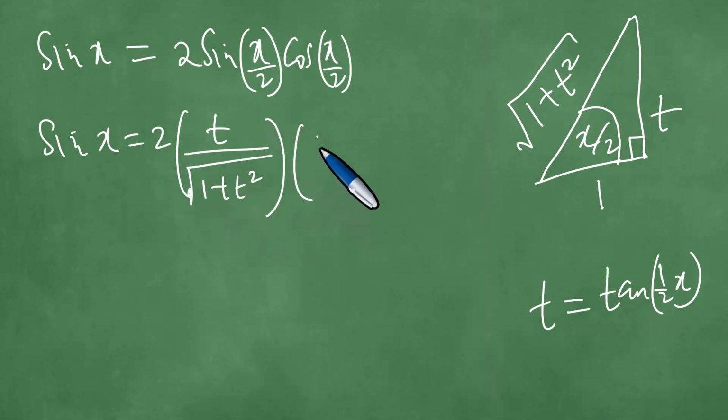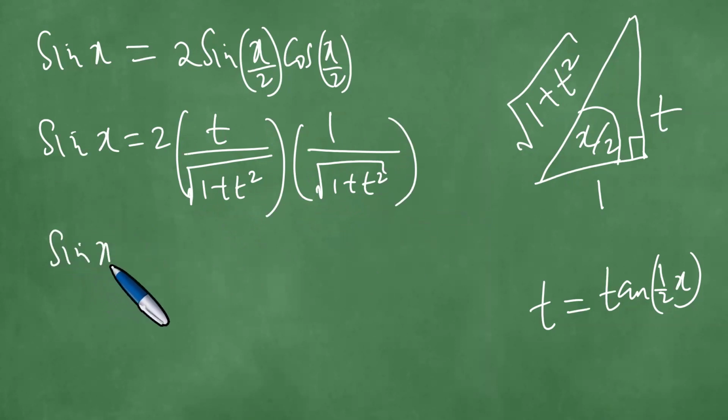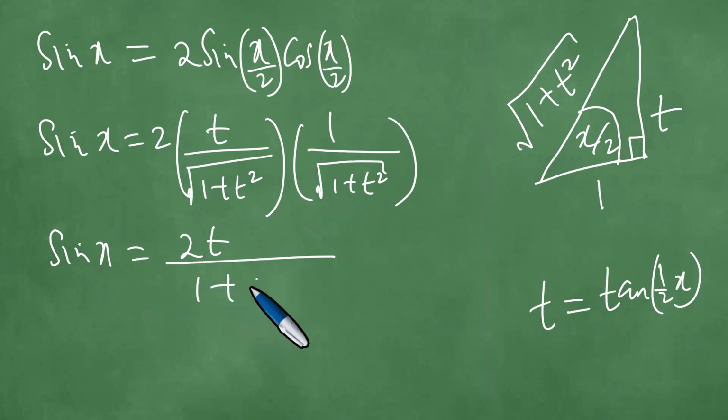And what is the cosine? It is adjacent over hypotenuse, which is 1 over the square root of 1 plus t squared. And therefore, this is the same as twice t divided by 1 plus t squared. So just take note of that as something that is very important.